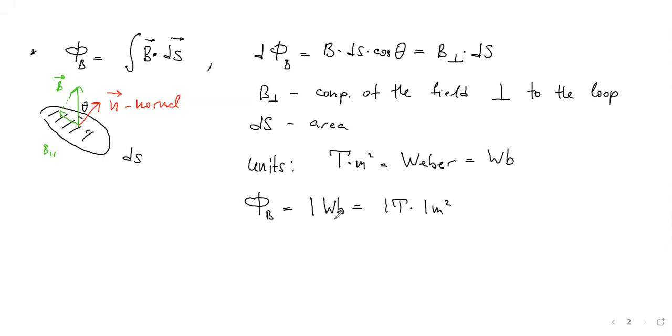So then we can just maybe solve 1 or 2 examples how to calculate the flux, just to get idea what is this. But if you remember how we did it for electric field, this very close. So let's have one example on this. Example.